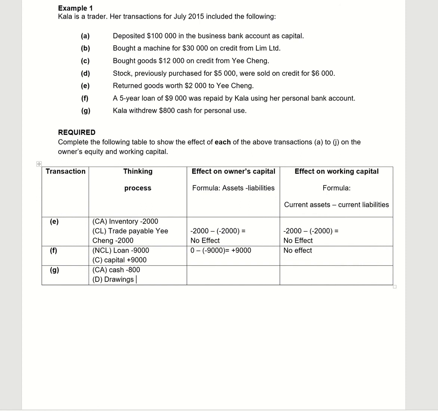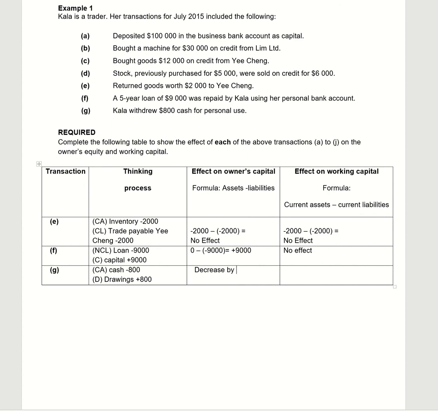The drawings plus 800. So when you look at the effect on owner's capital, assets which include your current assets actually decrease by 800. There is no impact on your liability. So usually what we will do is we will just write overall there's a decrease in your assets.